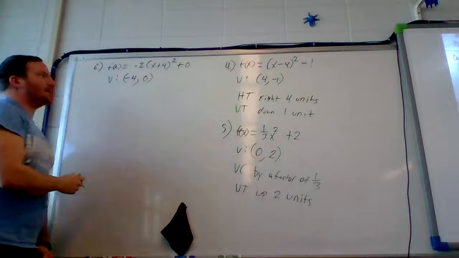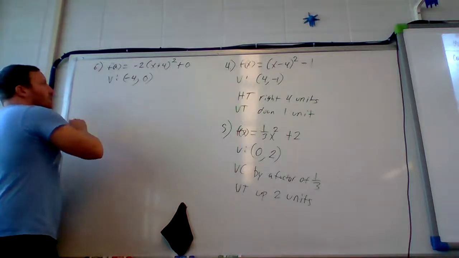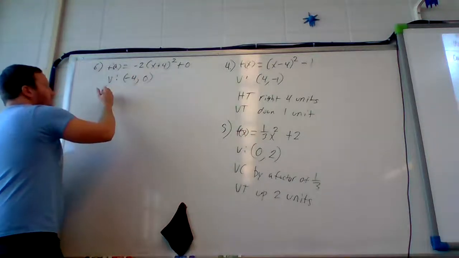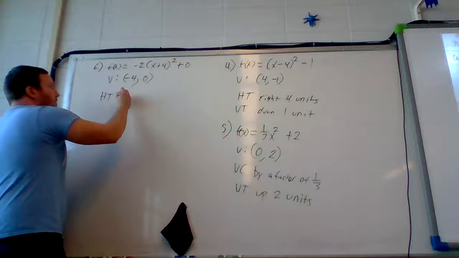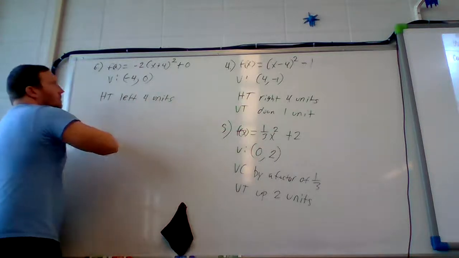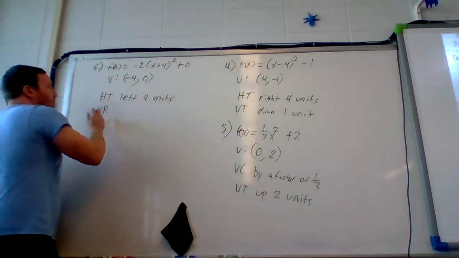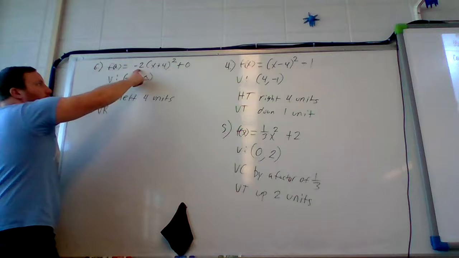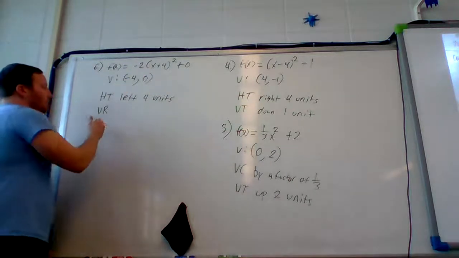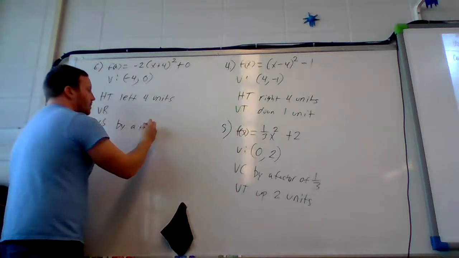So our vertex is at (negative 4, 0). So then let's go through our transformations. We have that shift to the left, opposite on the inside of the parentheses. So we have that horizontal translation left 4 units. We have that negative a value, so that means we have that vertical reflection. Our a is negative 2, so we also have a vertical stretch by a factor of 2.